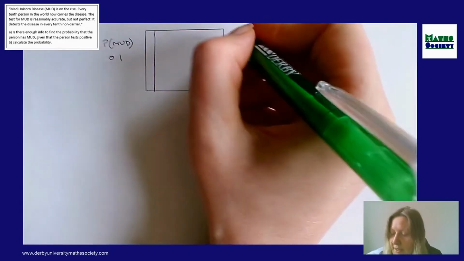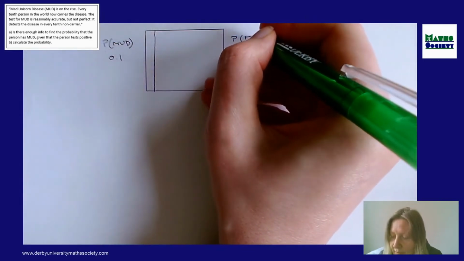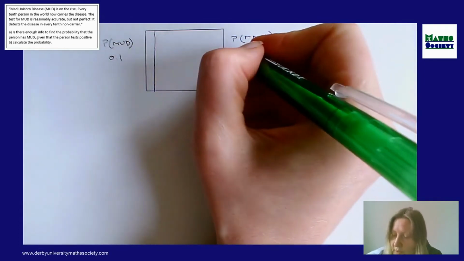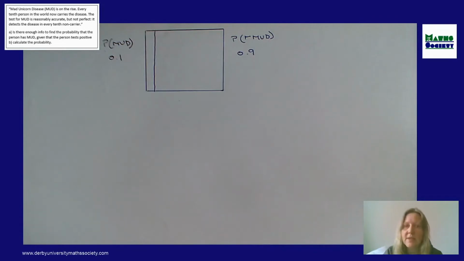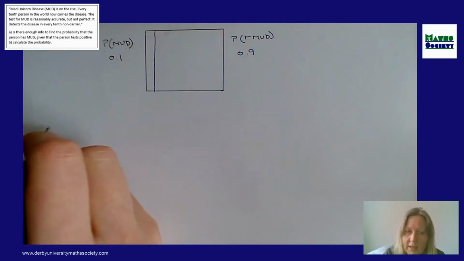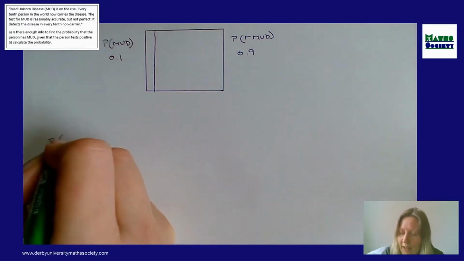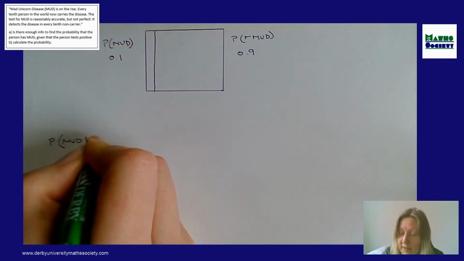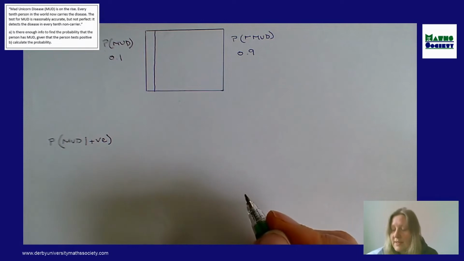By definition, this bit over here, all the people that don't have the disease, will be 1 minus 0.1. So everyone else, the rest of the 100%, is 90%. And the question is asking us, what is the probability that you have MaD given that you've tested positive? And it will depend on how accurate the test is.